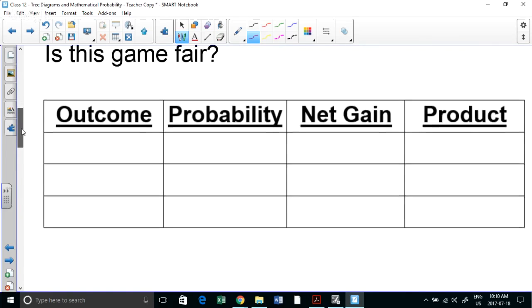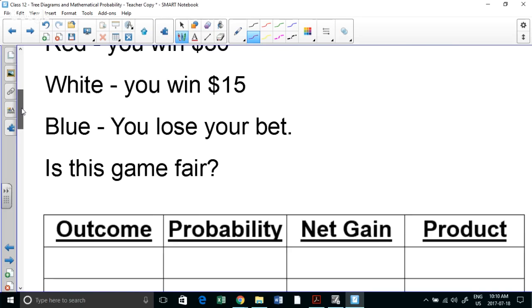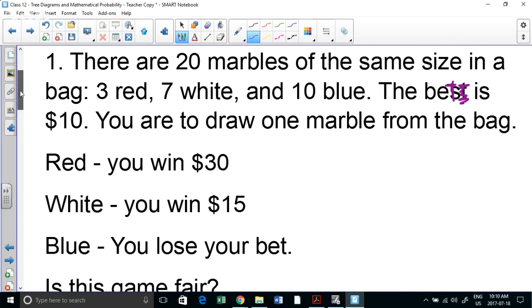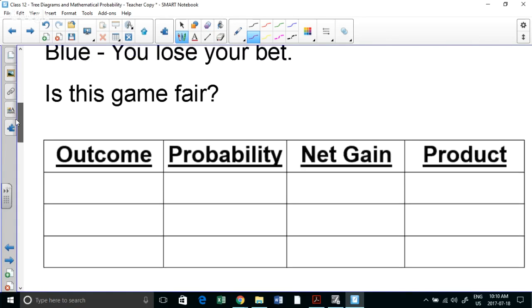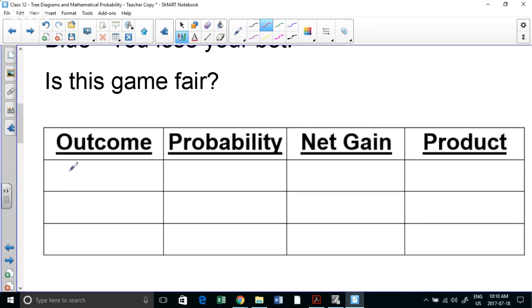So we make our little table, and this is how we fill it out. So the outcomes are what I could get from the game. So in the game, I could either get a red marble, a white marble, or a blue marble. So in my outcome column, I'm going to write red, blue, and white.